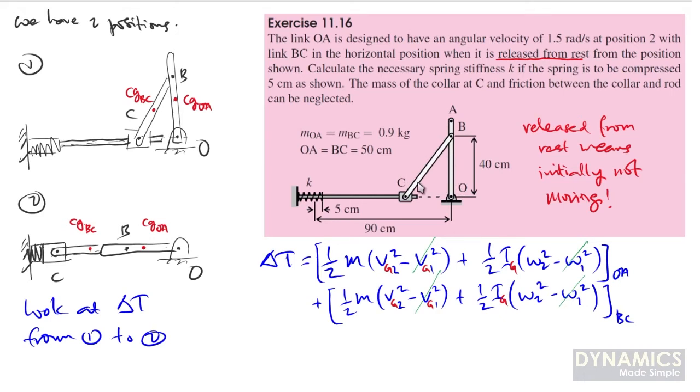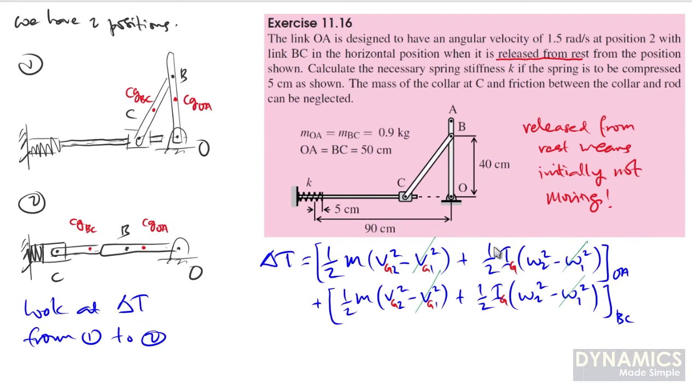For each one of them, we'll have the term corresponding to linear velocity and the term corresponding to angular velocity. Generally the equation is half m (v2 squared minus v1 squared) plus half IG (omega 2 squared minus omega 1 squared).